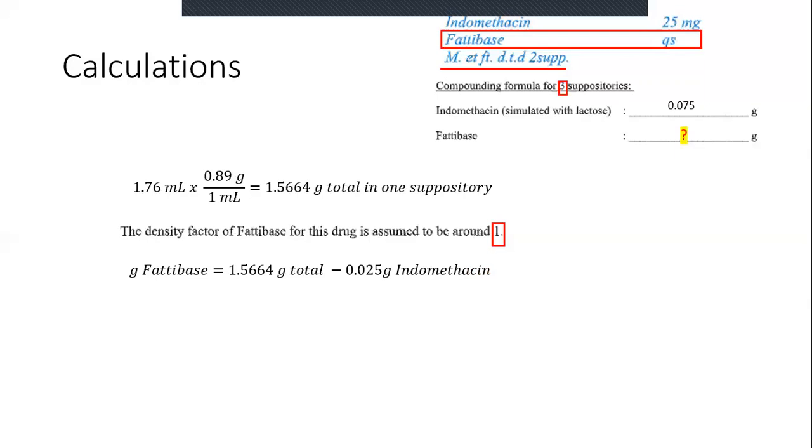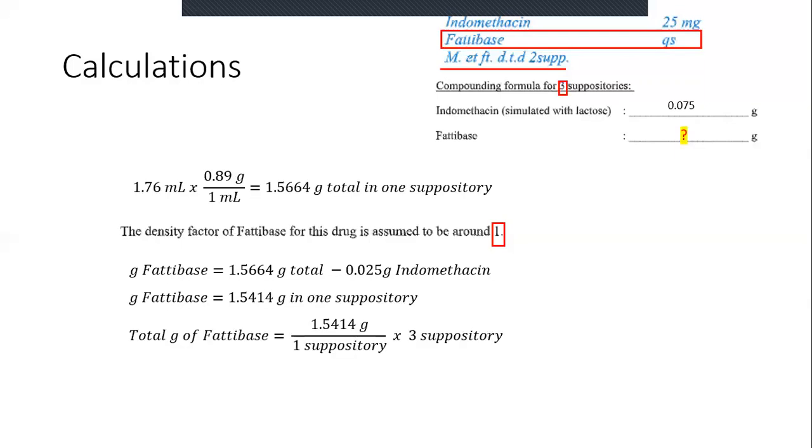But we're making 3 suppositories, so we can actually multiply that by 3. We'll go ahead and cancel out some units and get our total grams of fatty base needed, which is 4.62 grams.